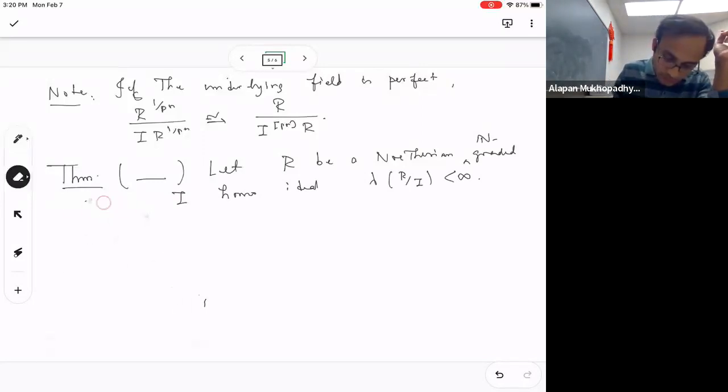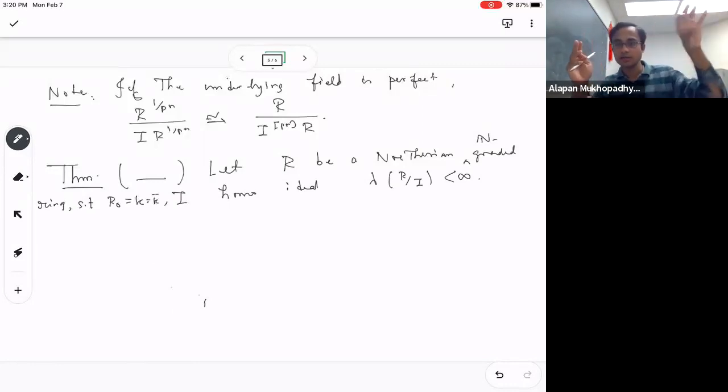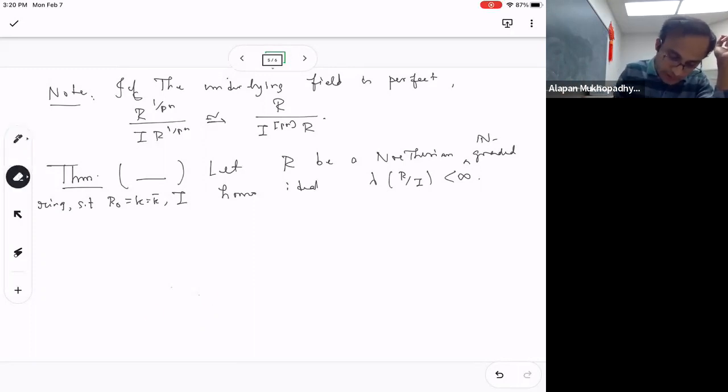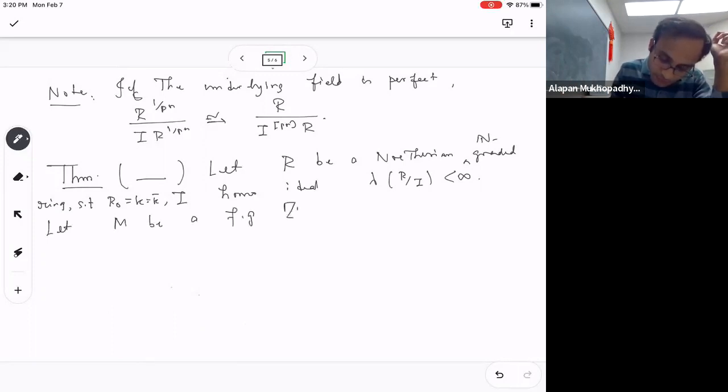Okay, so probably I'm just being very precise here. So Noetherian graded ring such that the degree 0 piece is the field K, which is algebraically closed. So I'm starting with a Noetherian graded ring whose degree 0 is an algebraically closed positive characteristic field. Then, and also start with a finitely generated Z-graded R module. So let M be a finitely generated Z-graded R module.